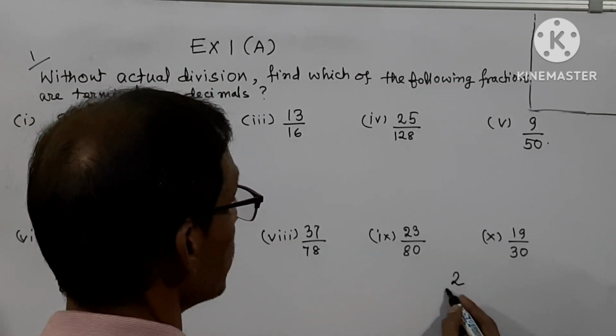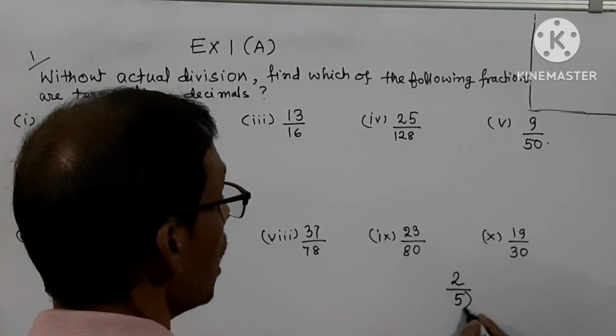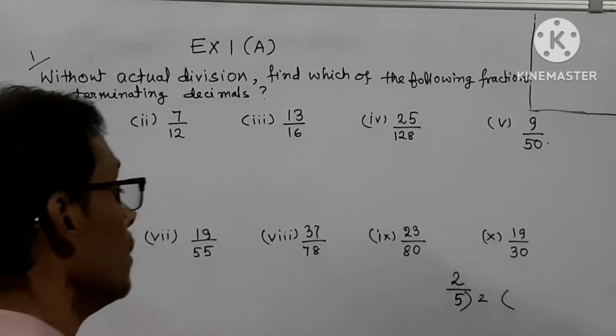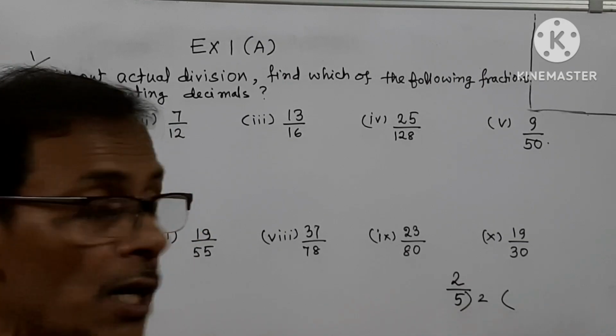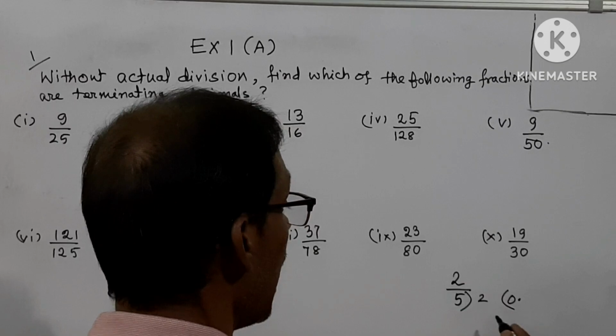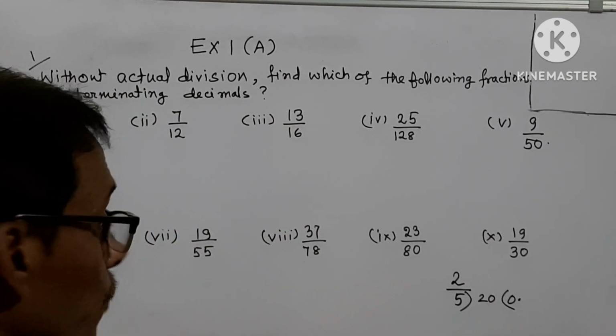2 by 5. If you divide 2 by 5, you can see that 2 is not divisible by 5, so you put 0 point and then put a 0 after 2.